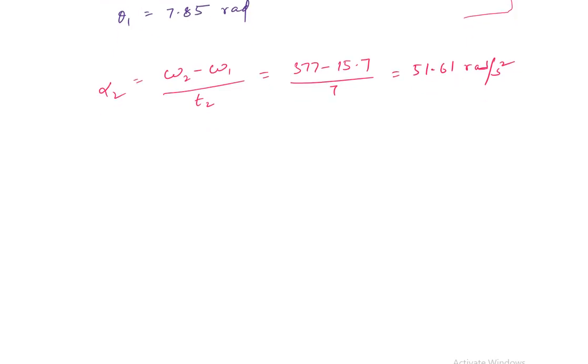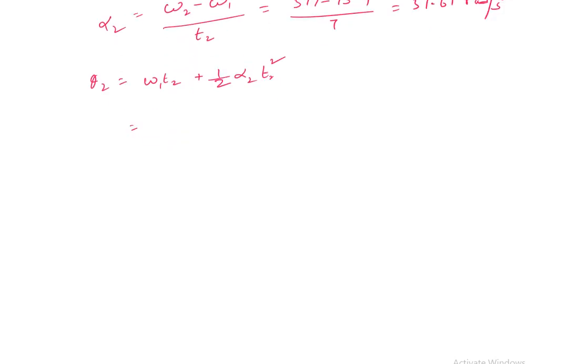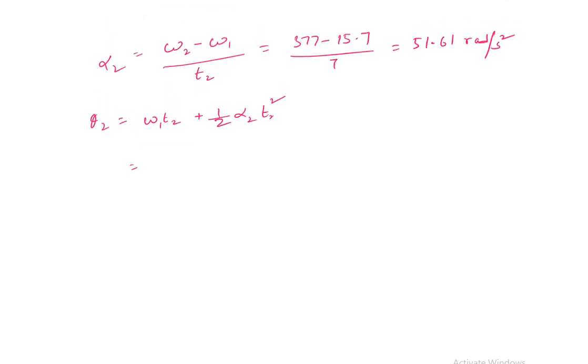Now finding theta 2. Theta 2 is omega 1 t2 plus half acceleration times t2 squared. The subscripts are for your convenience. If you don't write the subscripts right but you put in the right numbers, that's fine too, it can be overlooked. It should be proper, but if you mess up the subscripts and the substitutions are right, then that's not a big crime.